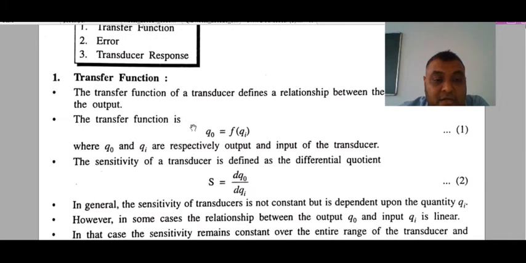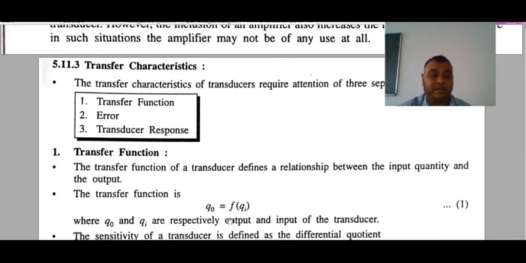The transfer function of a transducer defines a relationship between the input quantity and the output. If we take any transfer function, it basically derives for us the relationship between output and input, so we can define that with the transfer function.